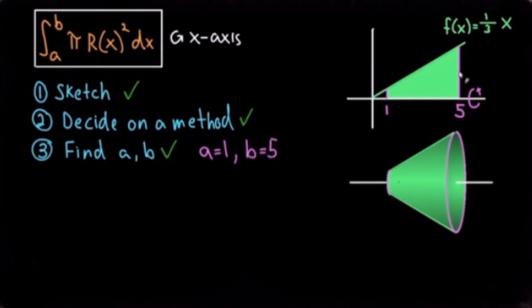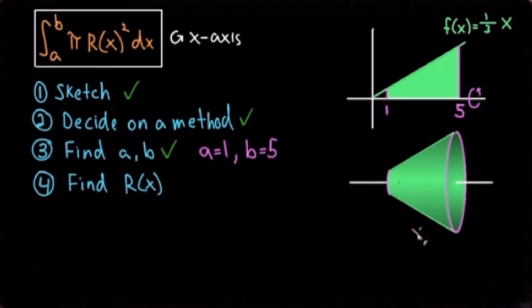Okay, and now we come to maybe the main step, which is finding r of x. Before we can even find r of x, we have to talk about what r of x is. The idea here is that we're going to take this solid and pick some x value. Then we're going to imagine slicing this solid at that x value. When we do that, what do we get?